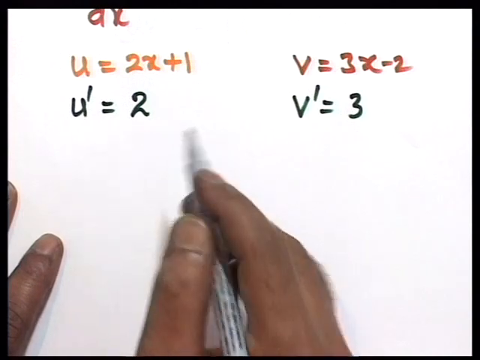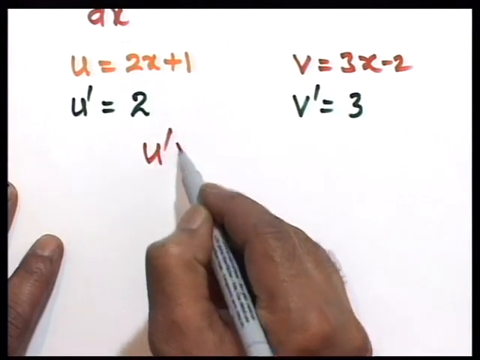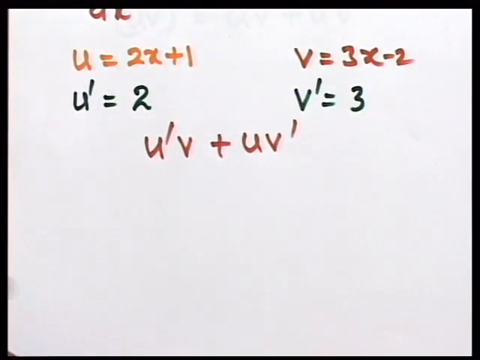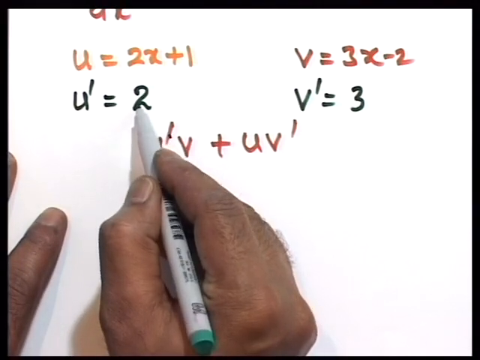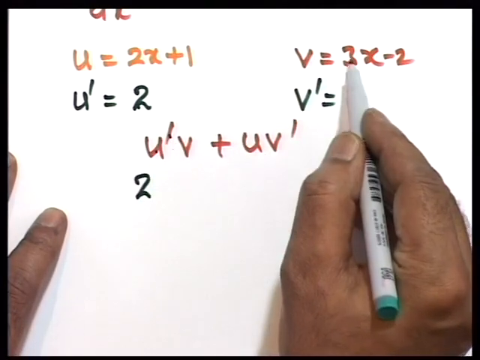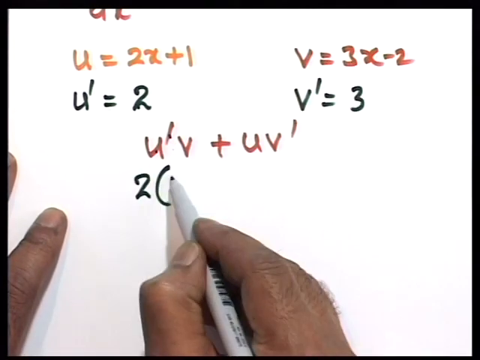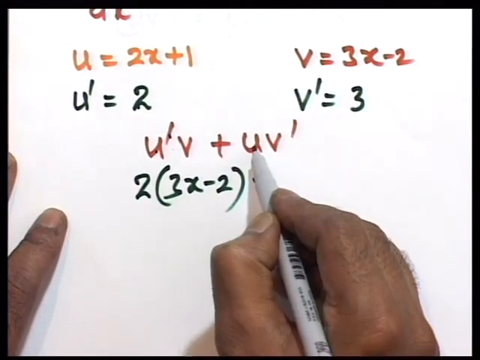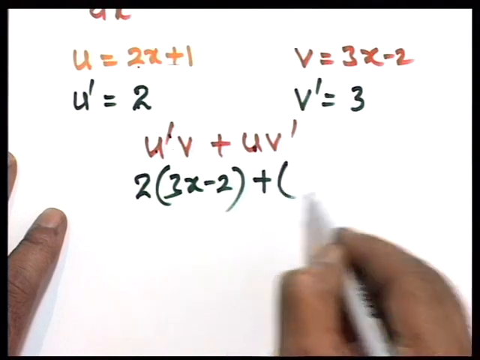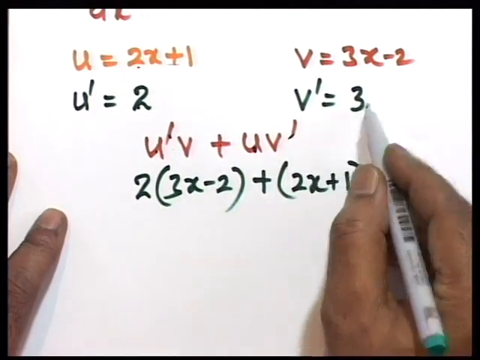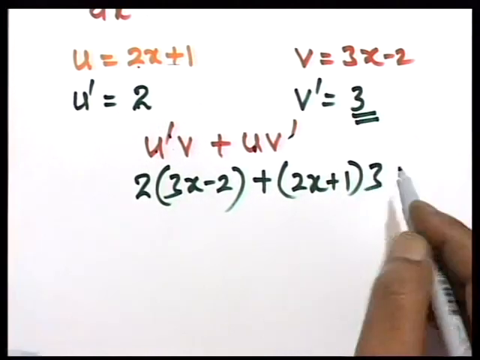The rule is u dash v plus u v dash. Remember that, don't forget. u dash is 2, so let's write 2, multiplied by v, which is 3x minus 2, inside the bracket. Plus u, which is 2x plus 1 inside the bracket, multiplied by v dash, which is 3. So that's all it is.